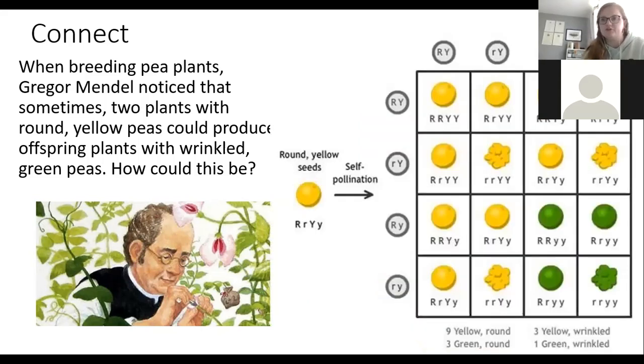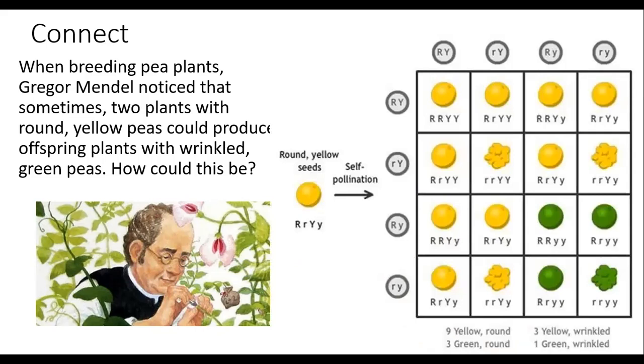And this is where we come to those traditional Punnett square diagrams that we talked about in the past. Let's go back to basics and remind ourselves of all the different parts, the keywords such as genotype and phenotype. If he's crossing two round yellow pea plants but they produce offspring with wrinkled green peas, that is talking about the phenotype.